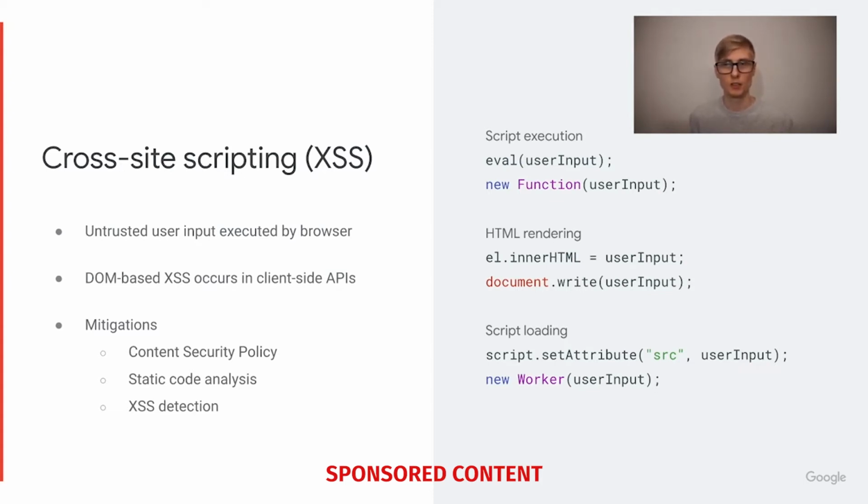There have been a number of attempts at mitigating DOM-based XSS, including content security policies, static code analysis, and XSS detection in browsers. While most of these help considerably, as we saw on the previous slide, XSS is still a huge threat.